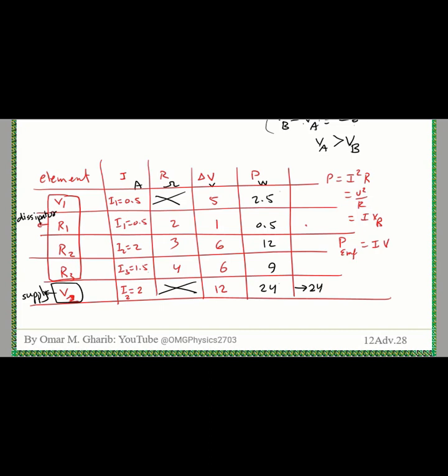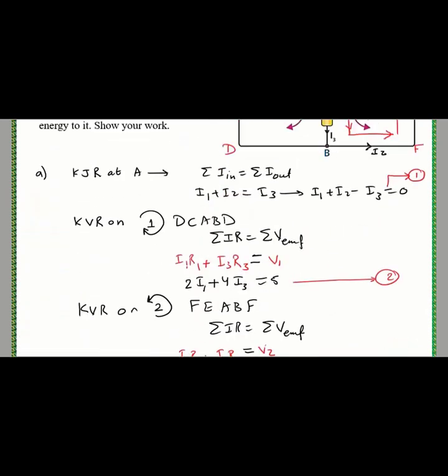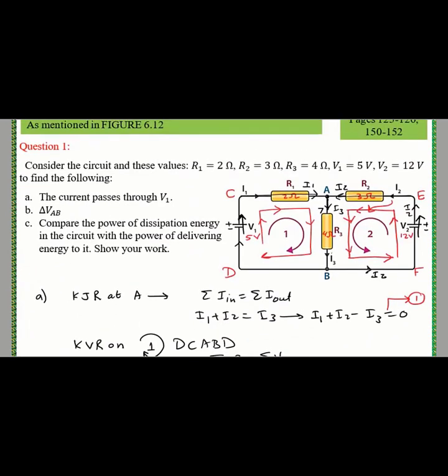It is a dissipator. Here 24. If you add all of these, 7.5 plus 0.5, it is 8. Plus 12, it is 20. Plus 9, it is 29. Okay? So for the answer to this question, compare the power of dissipation energy in the circuit with the power of delivering energy. They are the same.